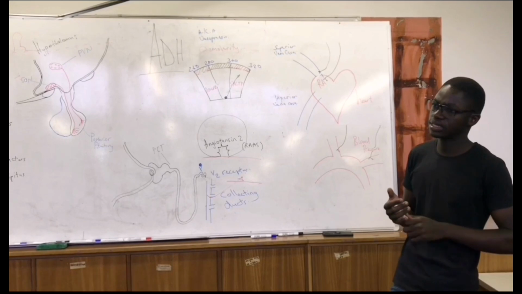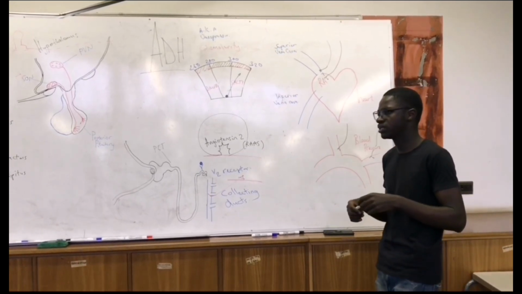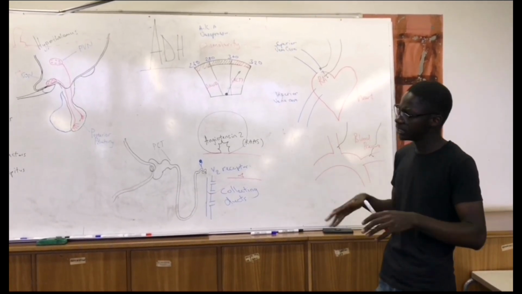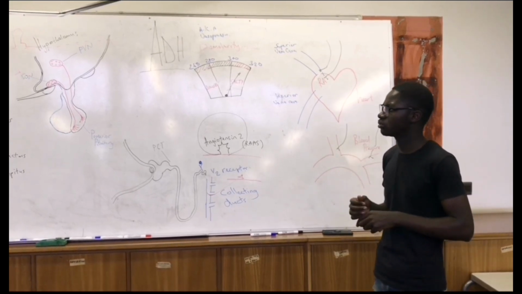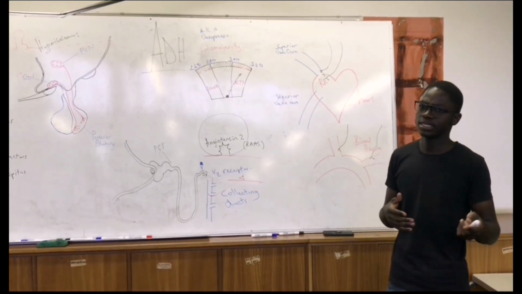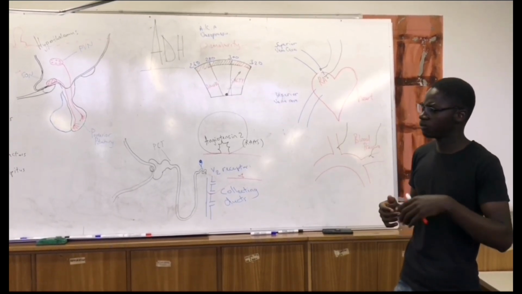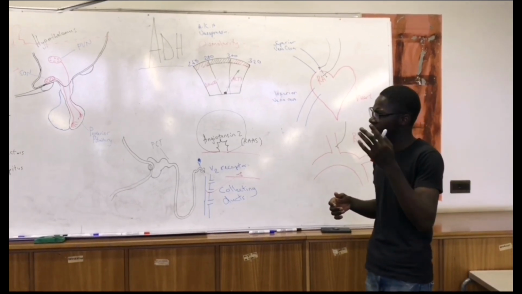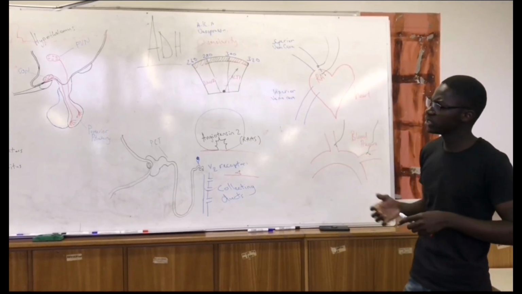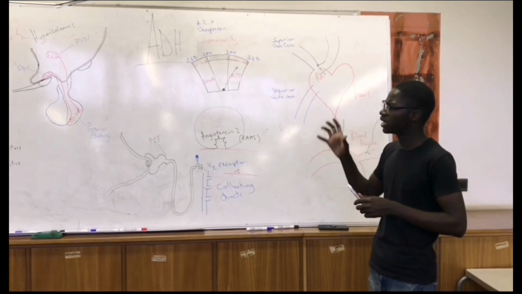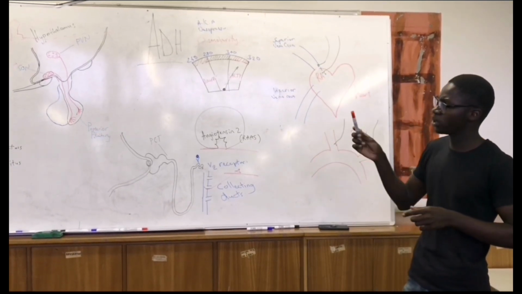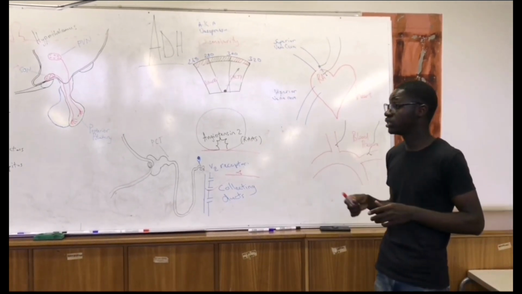For example, in the lungs, small cell carcinomas can secrete ADH. In the brain, meningitis or some form of cancer affecting the posterior pituitary gland or the supraoptic nuclei can lead to this condition.